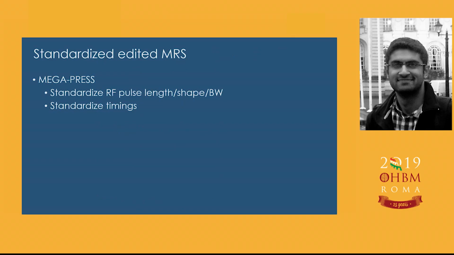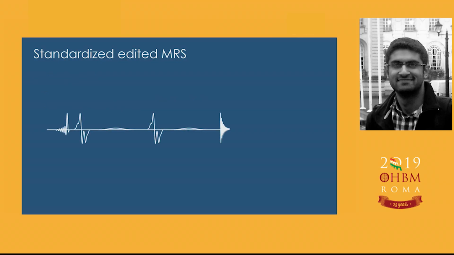Therefore, our objective was to design a MEGA-PRESS sequence with standardized RF pulse length, shape, and bandwidth, and also standardized timings. So how did we do that? We started with a PRESS sequence with editing pulses in it. We have an asymmetric excitation pulse for slice-selective excitation, and a pair of slice-selective refocusing pulses.